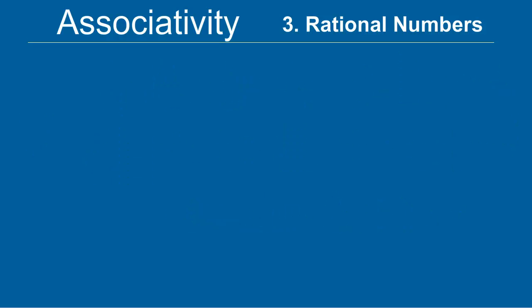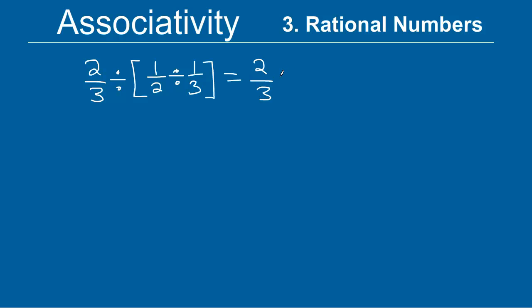And finally, the last operation is division of rational numbers. So let's see if we have 2 by 3 divided by 1 by 2, divided by 1 by 3. Let's find out what we get here. So this value will be 2 by 3 divided by, now here we can write this as 1 by 2.